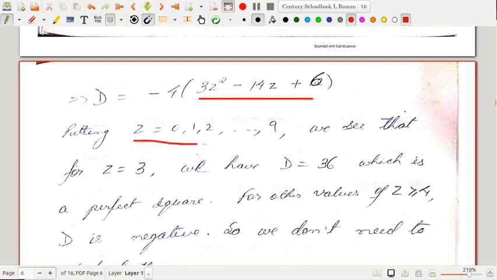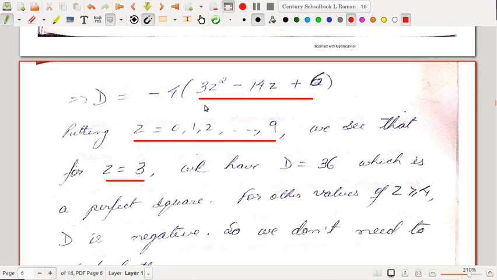So gradually we put z equal to 0, 1, 2, 3 up to 9. Here we are doing a little bit of trial and error. Put z equal to 0, it's minus 24, so it's negative, and it's not a perfect square also, so it will not work.